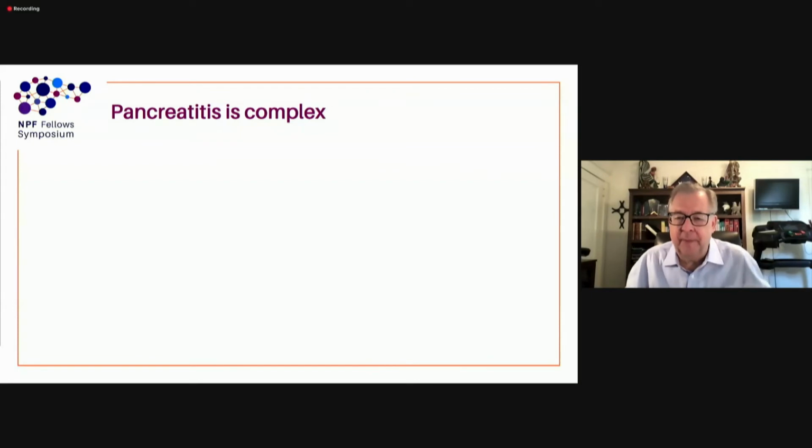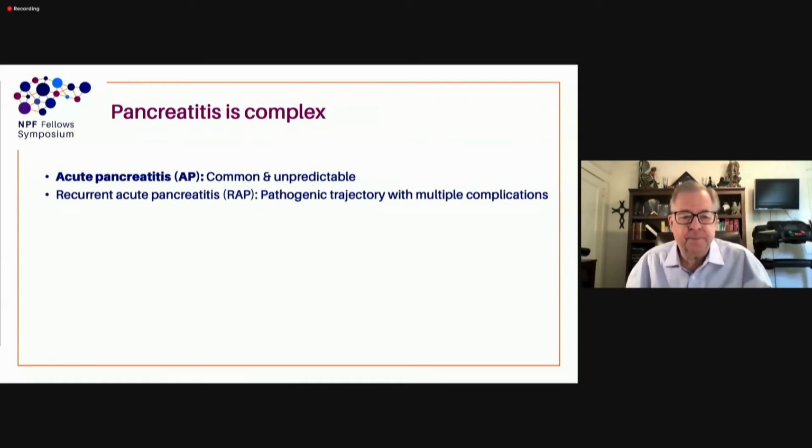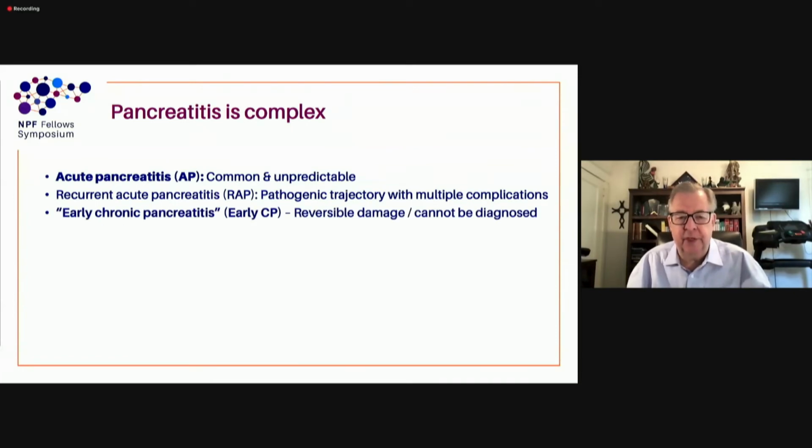The first problem is that pancreatitis is complex. We know that there's acute pancreatitis, which is common and unpredictable, as Dr. Forsmark said. There's recurrent acute pancreatitis. The trajectory and complications are important. There's early chronic pancreatitis, which is reversible damage, but you can't diagnose it.